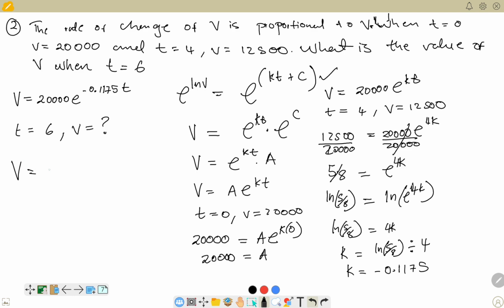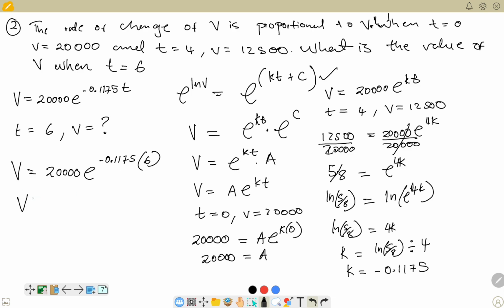v is equal to 20,000. We substitute the value of t there. We have e to the power negative 0.1175, and we introduce 6 in the place of t.